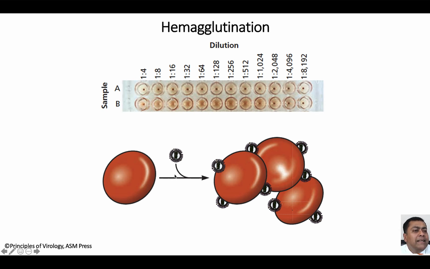But neuraminidase cleaves these N-acetylneuraminic acids, or sialic acids. Why is N in there even?